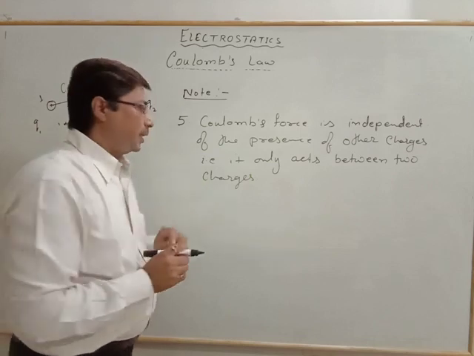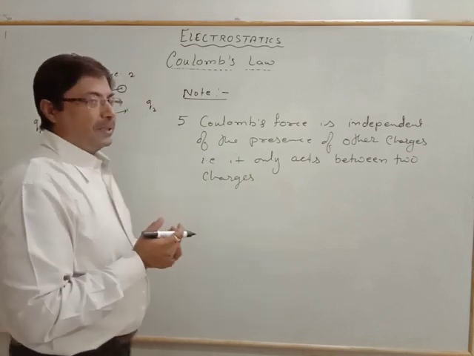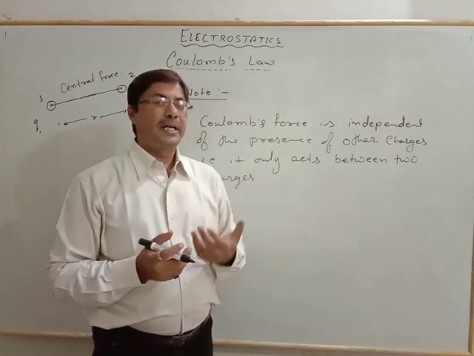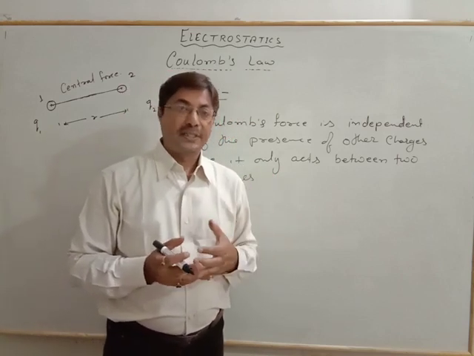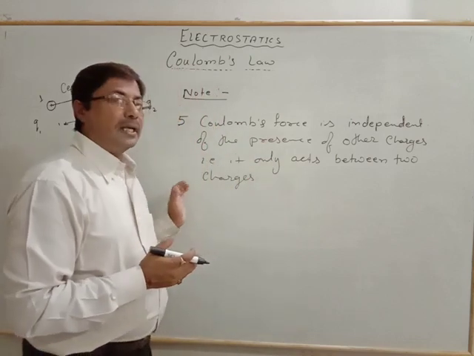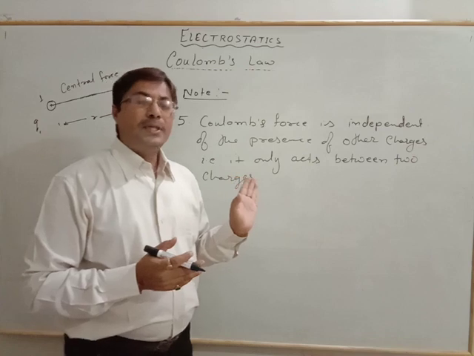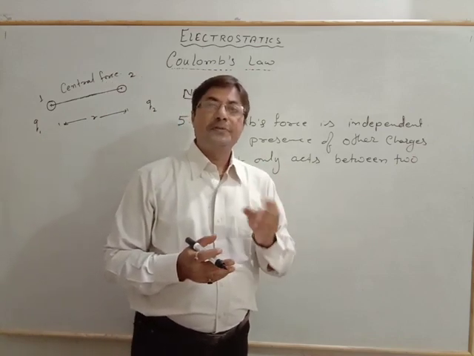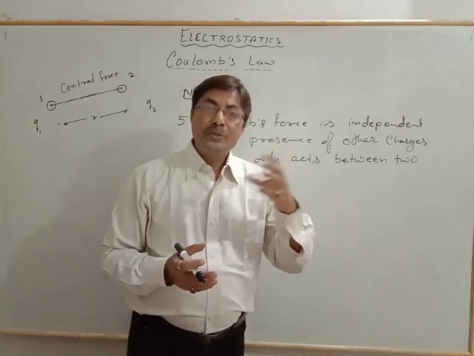And one more important thing to remember: in the case of Newton's law of gravitation, the gravitational constant is universal. But here we use the constant K, which may change according to the medium, so the Coulomb force will change from medium to medium.